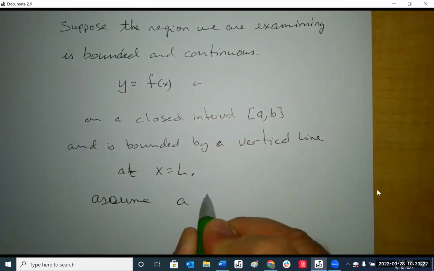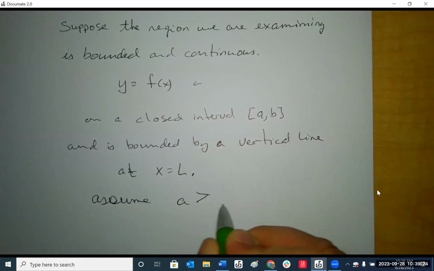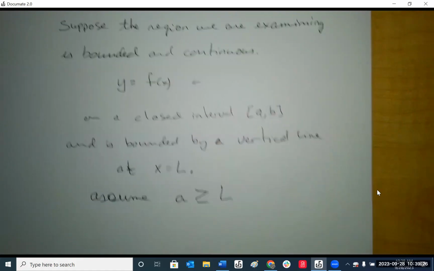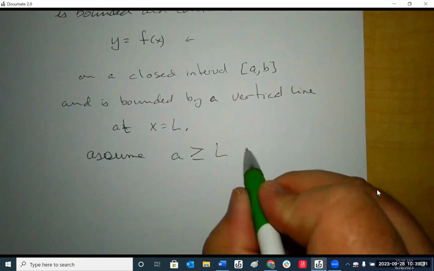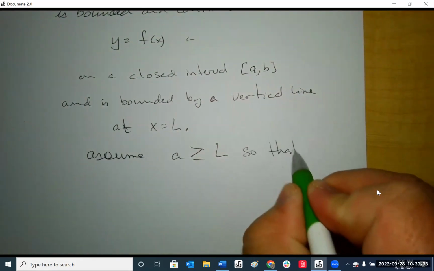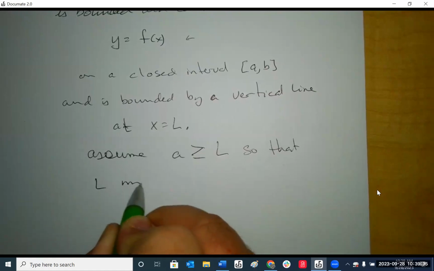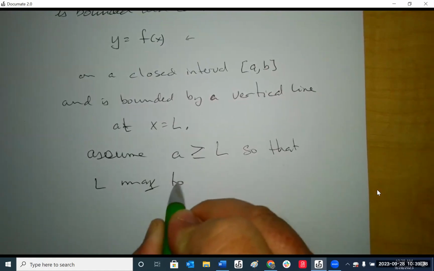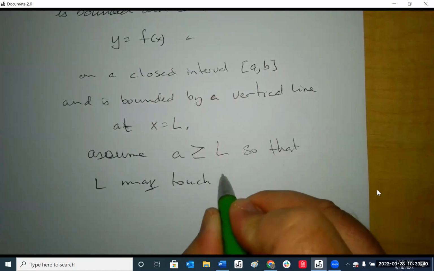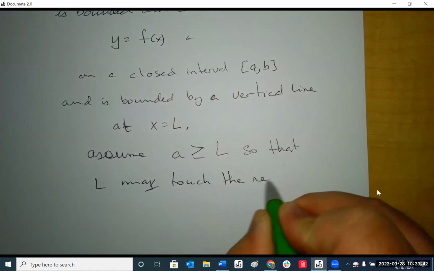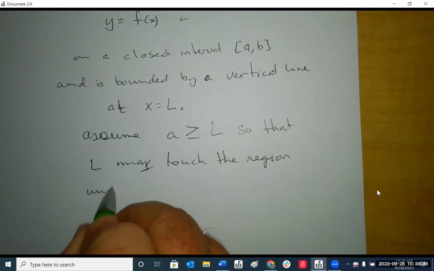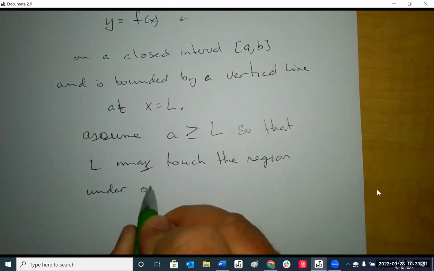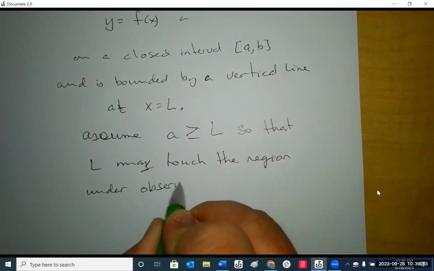Assume our lower bound is larger than that L, so that L may touch the region we're examining under observation.